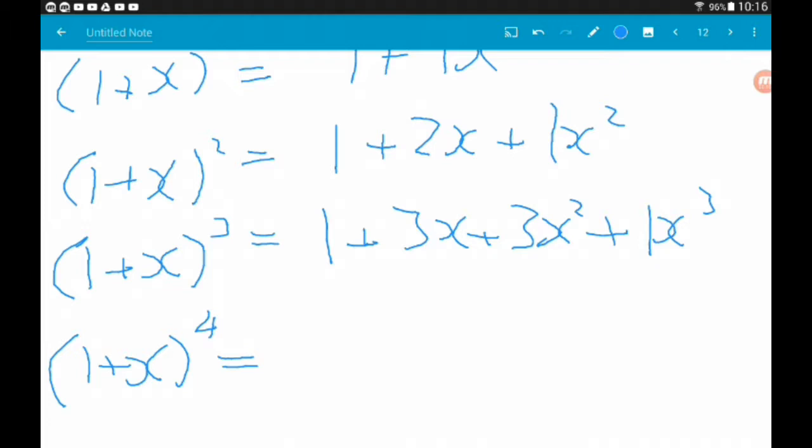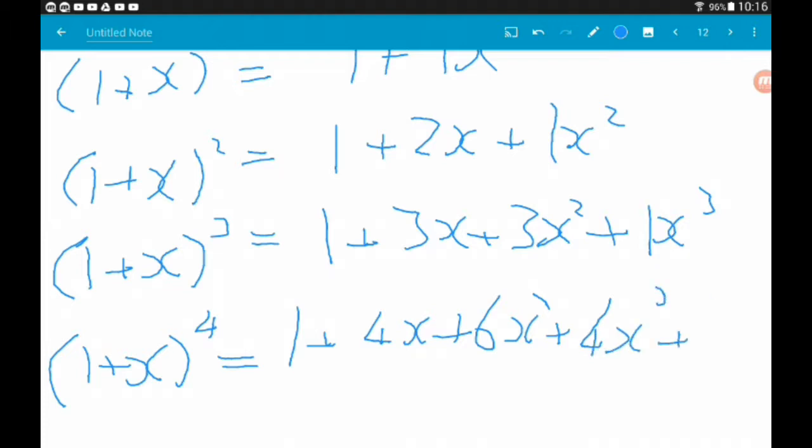Now I'm just going to tell you that that would give us 1 plus 4x plus 6x squared plus 4x cubed plus 1x to the power of 4.